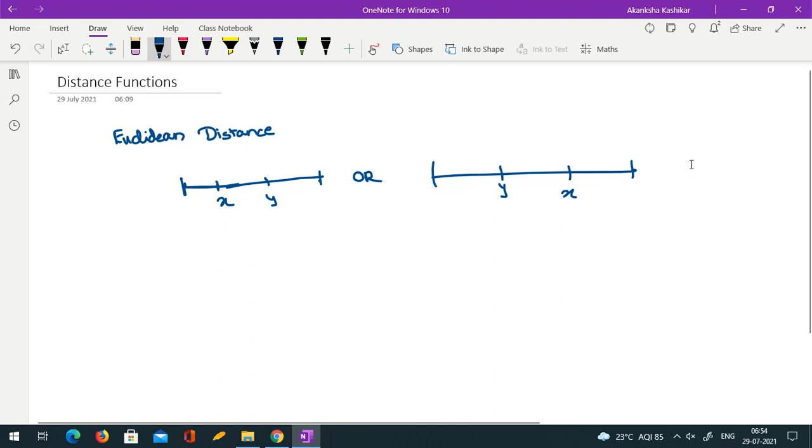You should answer in my notations. If x is less than y, then what happens?